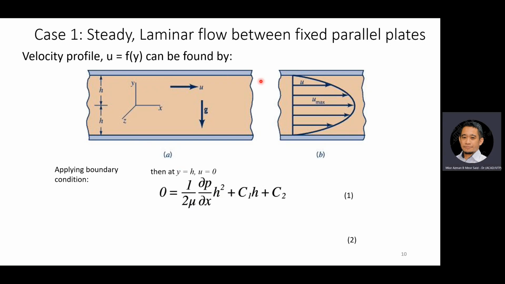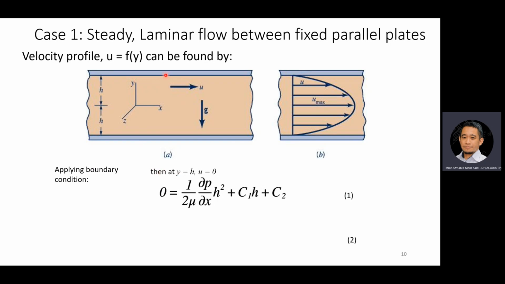So first we look at the convention, the origin, the coordinate here for this laminar flow between fixed parallel plates. Here the origin will be at the center line of the fixed parallel plates, so x's origin will be there. Then we apply the boundary condition.